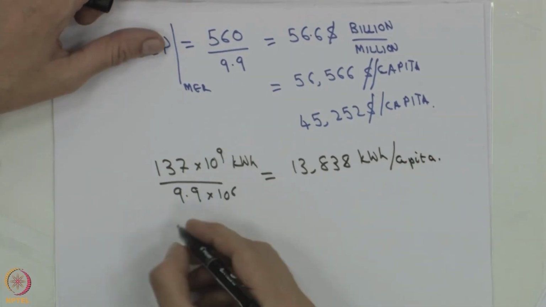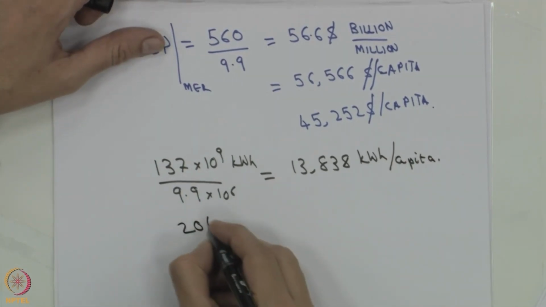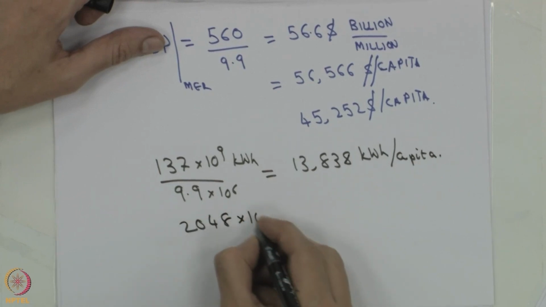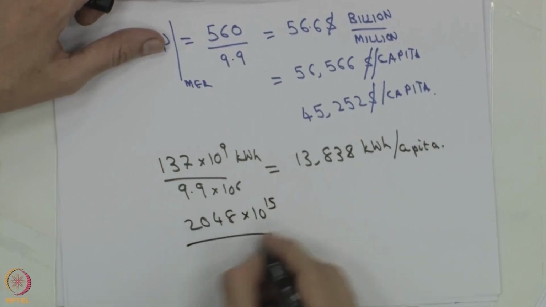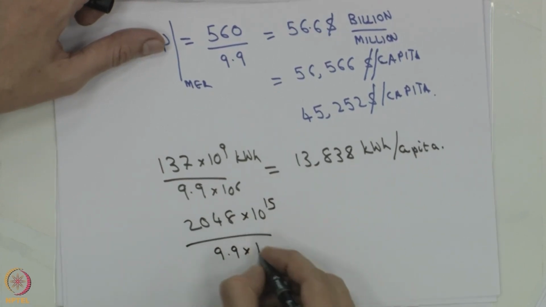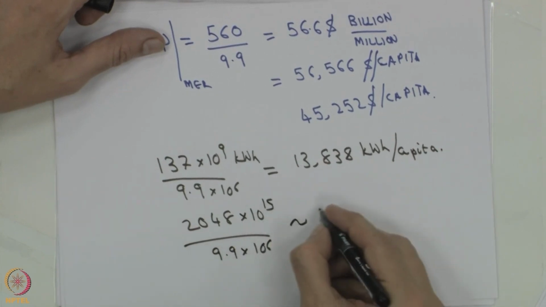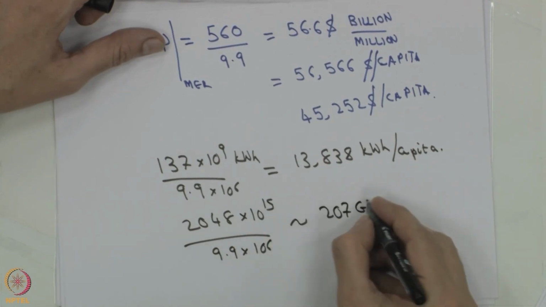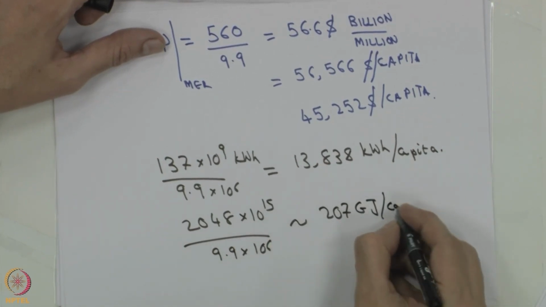For primary energy, if we divide 2048 into 10 raised to 15 by 9.9 into 10 raised to 6, it turns out to be 207 gigajoules per capita.